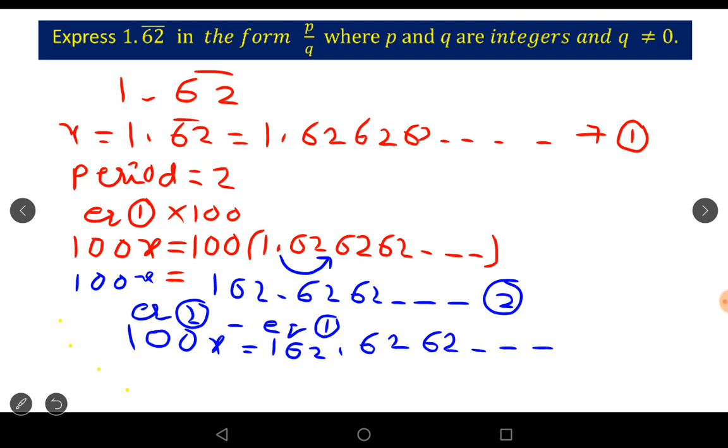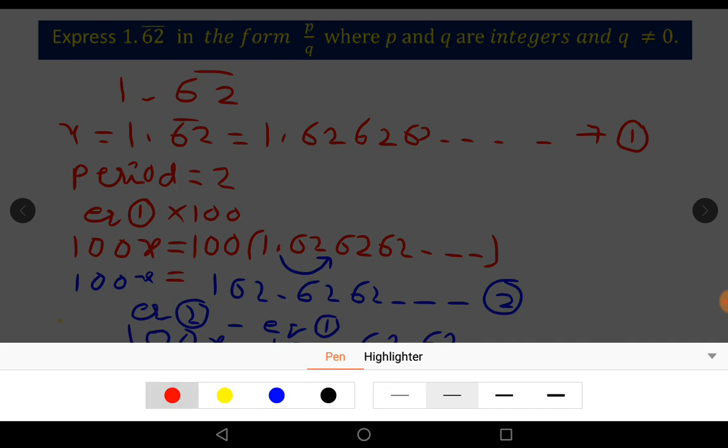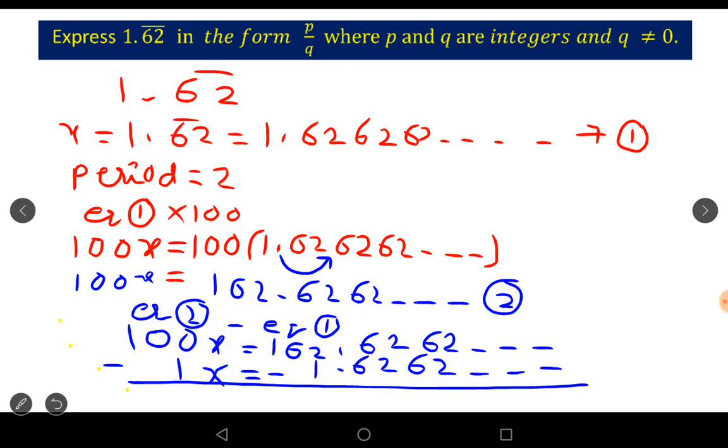Next, equation 1: 1x is equal to, write the ones place, put the point and 62 and so on. Okay students, so subtract, minus minus. Here observe 162 and 1, write the ones place exactly. So 100x minus 1x is equal to 99x is equal to 0 0 0 0.